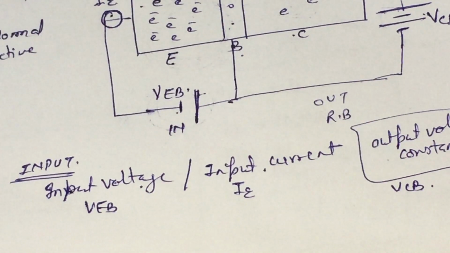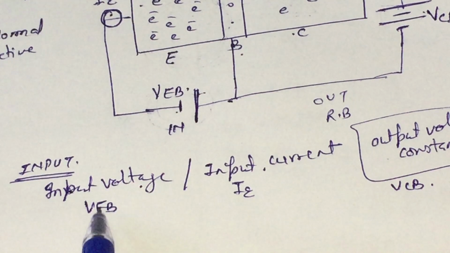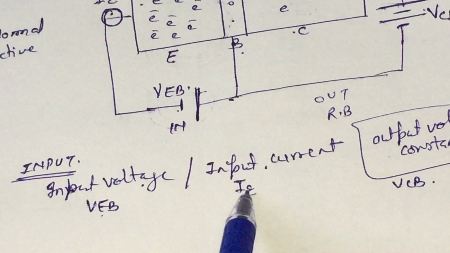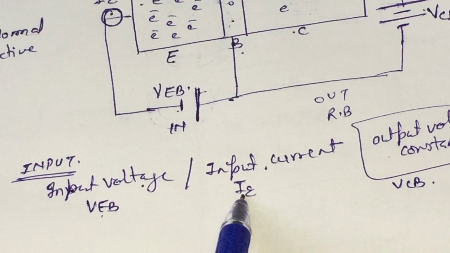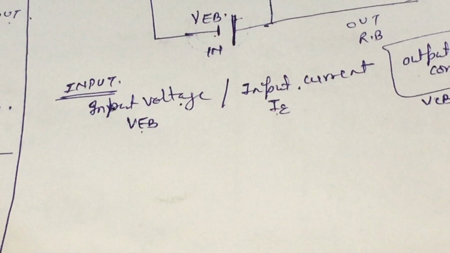It means the input characteristic of a common base transistor is a graph between input voltage, that is emitter base voltage, and the emitter current when the collector base voltage, that is output voltage, remains constant.